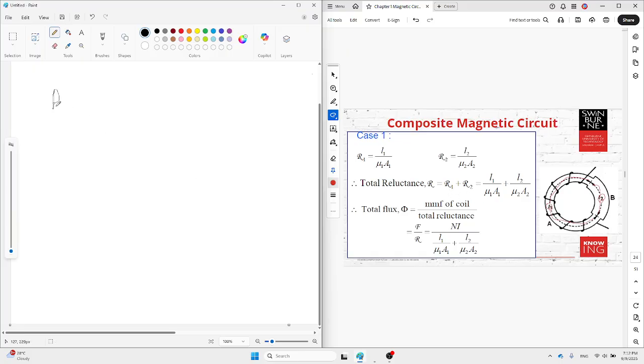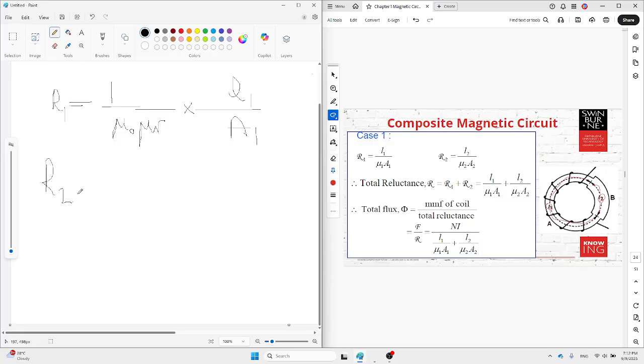So R1, reluctance number one, which is related to L1, is 1 over mu 0 times mu r, maybe two different materials connected to each other, times L1 over A1. So I fully consider everything that may happen to the circuit, okay?